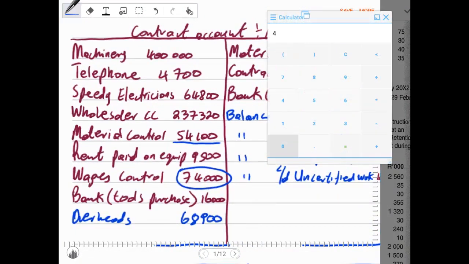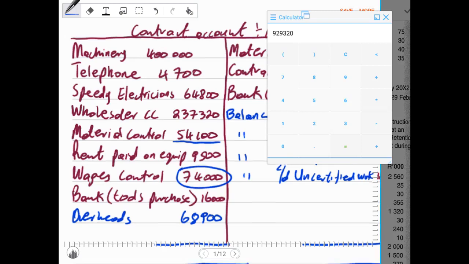We say 400,000 plus 4,700 plus 64,800 plus 237,320 plus 54,100 plus 9,500 plus 74,000 plus 16,000 plus 68,900. That gives me 929,320.